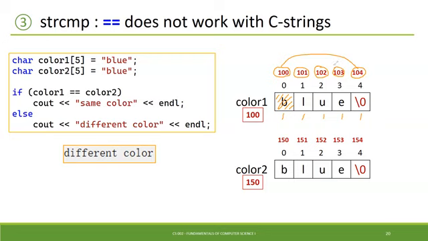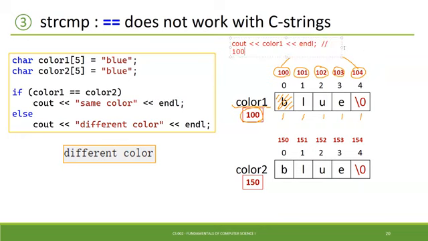And color1, the array name, will have the address of the first letter, which is 100. So in this case, if you print out cout color1, then you will see 100.